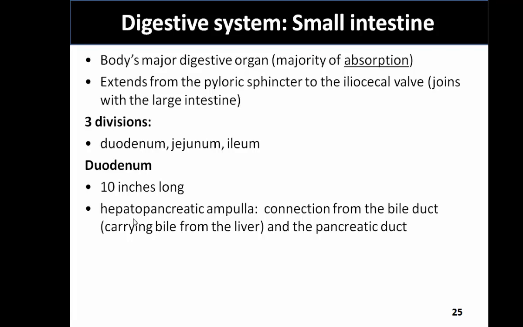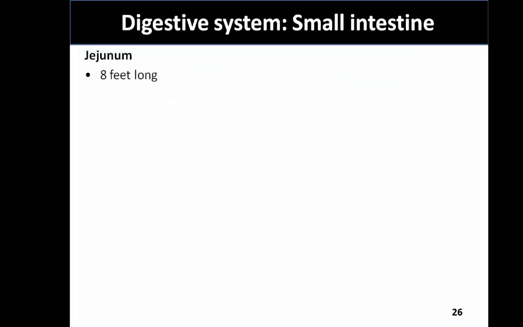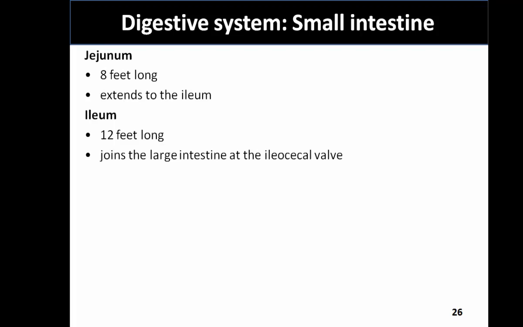And this is where we have the connection from the accessory digestive organs into the small intestine. The jejunum, the next part, is fairly long. Estimates average about 8 feet in the average adult, and the jejunum extends to the ileum, which is also a very long component of the small intestine at approximately 12 feet long.